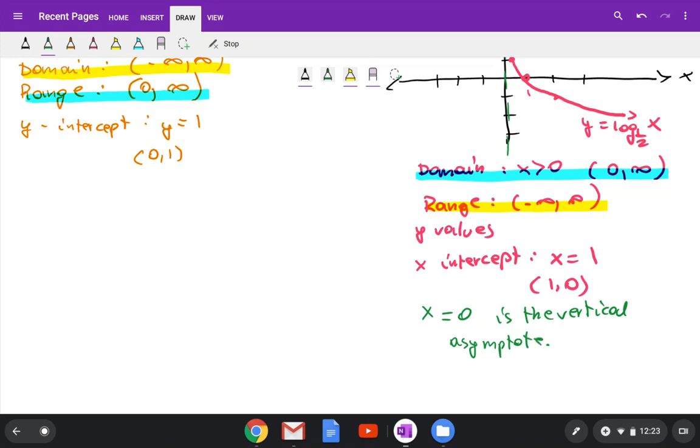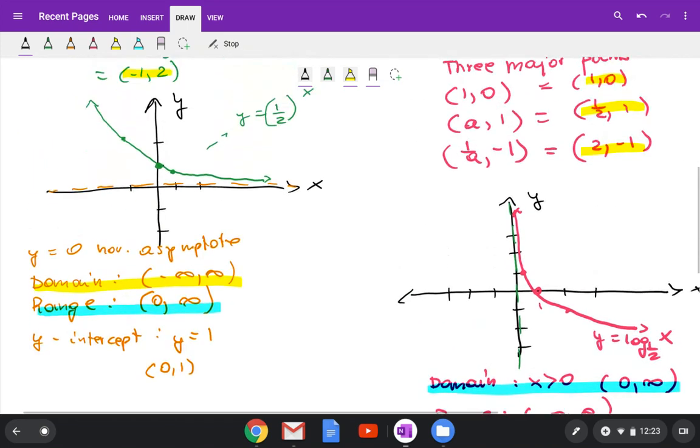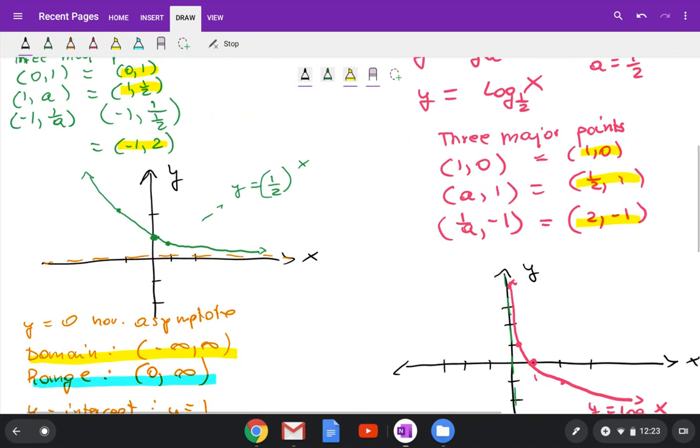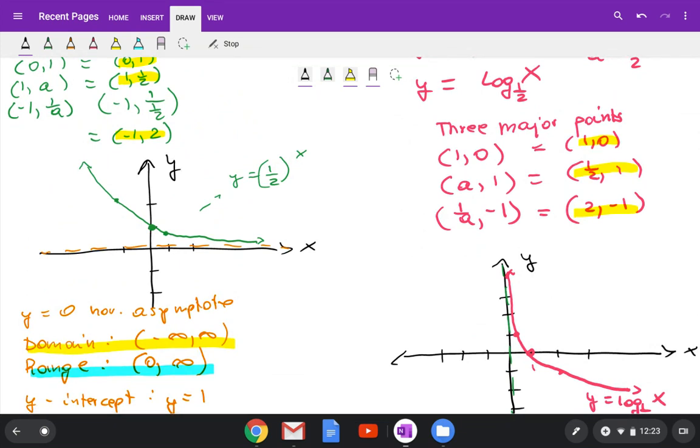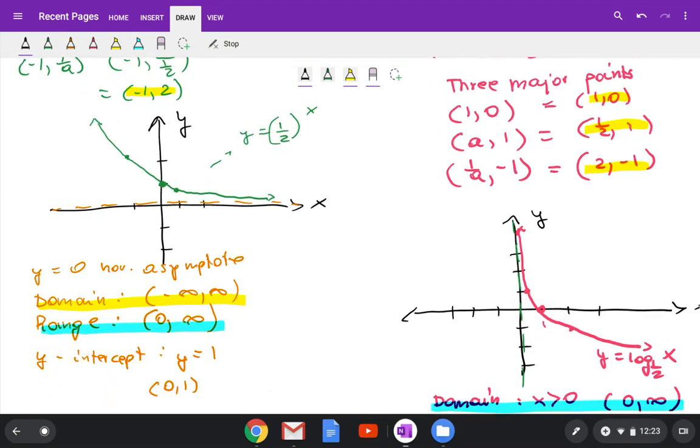So that's how you graph logarithmic functions. Again, I use the graph of exponential functions because we learned them in a previous section, and I just create the inverses. Next, we're going to talk about finding the domain of logarithmic functions.